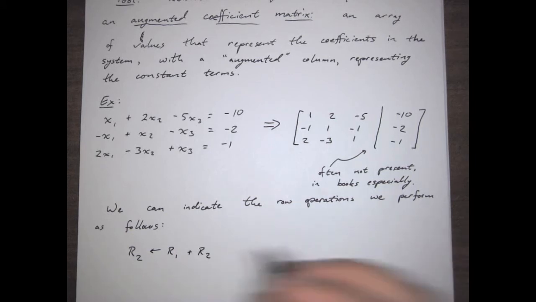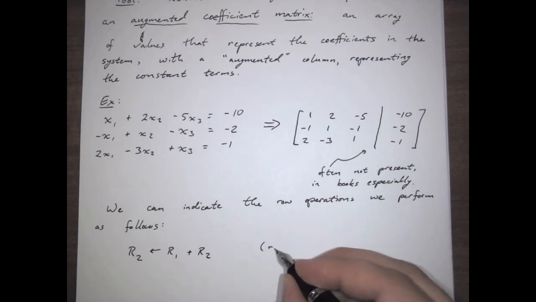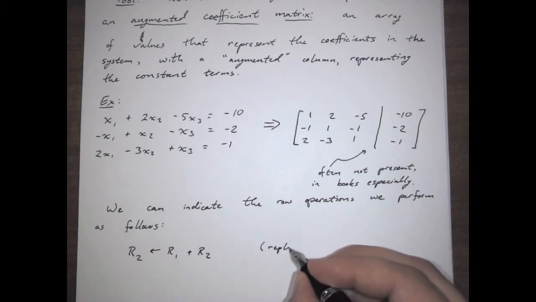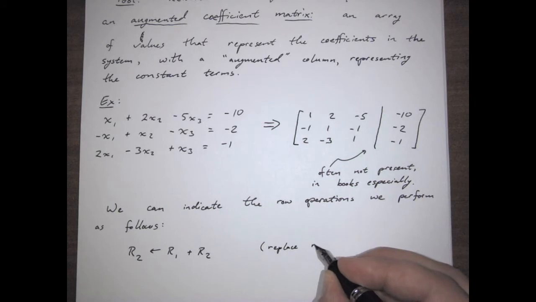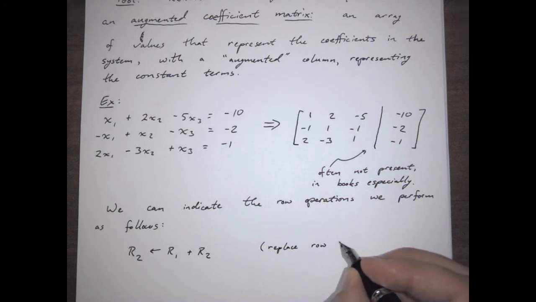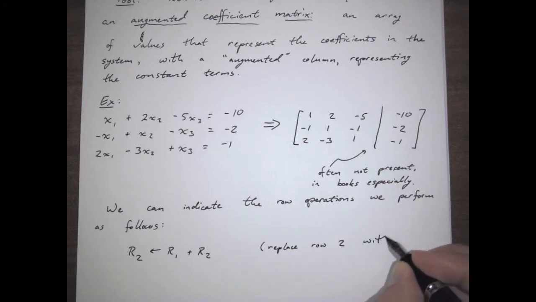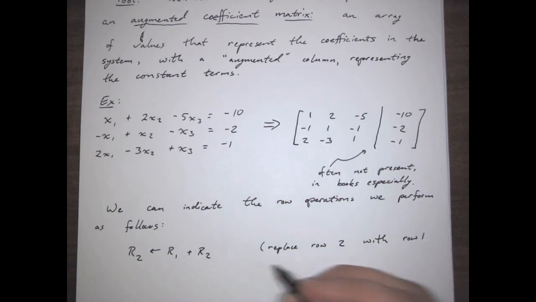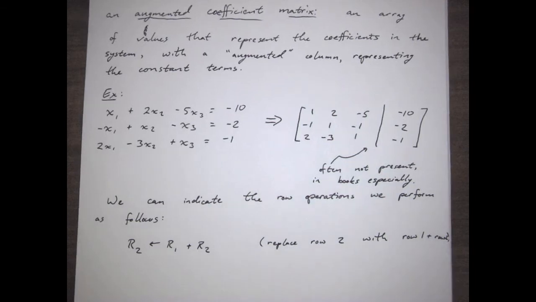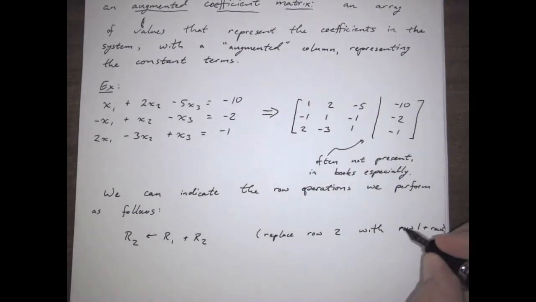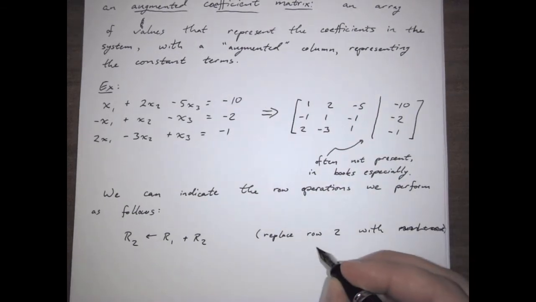So this would mean replace row 2 with row 1 plus row 2.